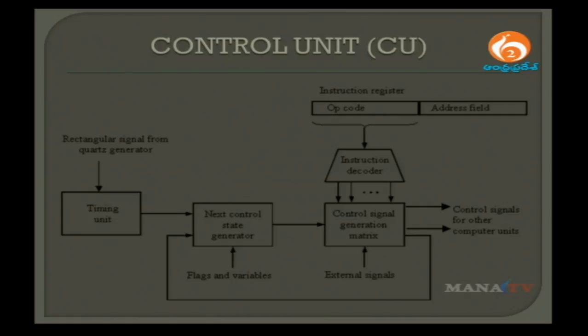When I say this, a rectangular signal from quartz generation is the timing unit, and then it goes to the next control state generator, and then the control signal generation matrix.